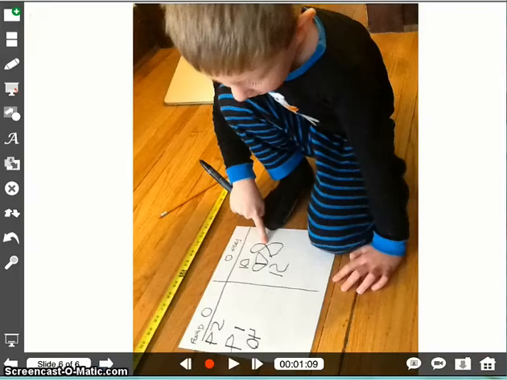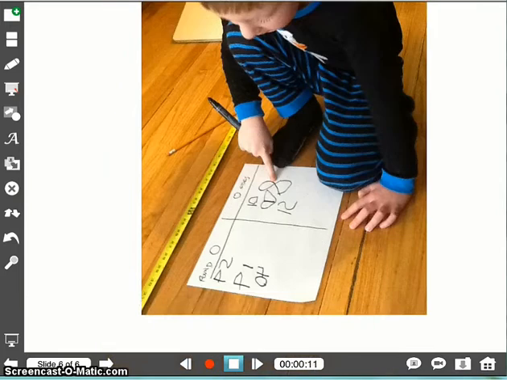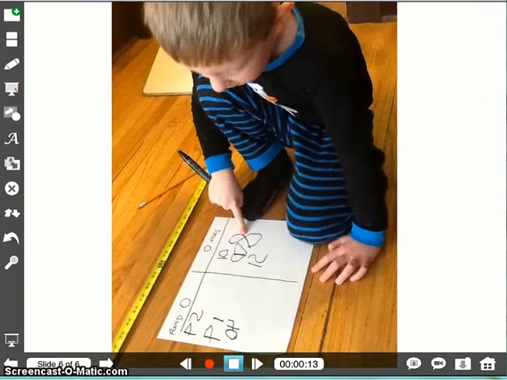and then we talked through the results. So was your hypothesis right, that the round one would roll further? Almost. So what did you learn? Well, I learned the middle time we tested that the edge side, the one with edges, it went farther.